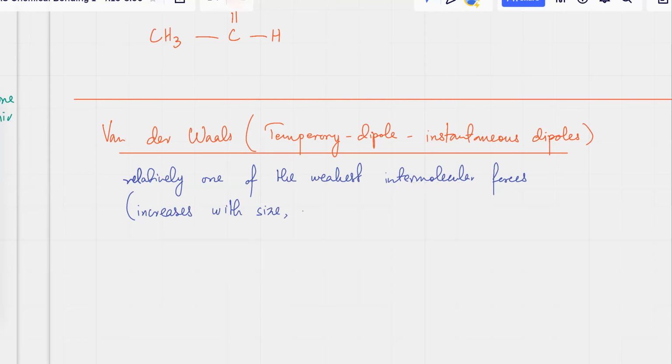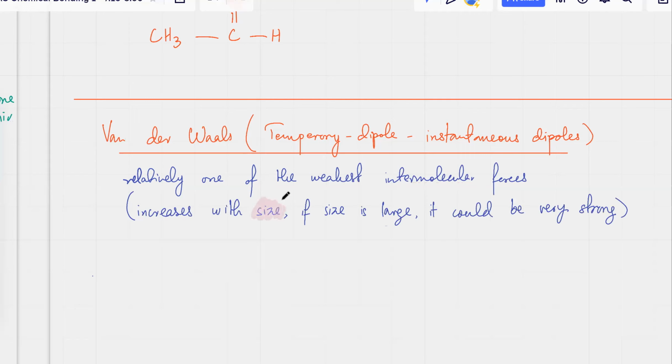And if size is large, it could actually become really, really strong, even stronger than hydrogen bonds. So this one depends a lot on the size.